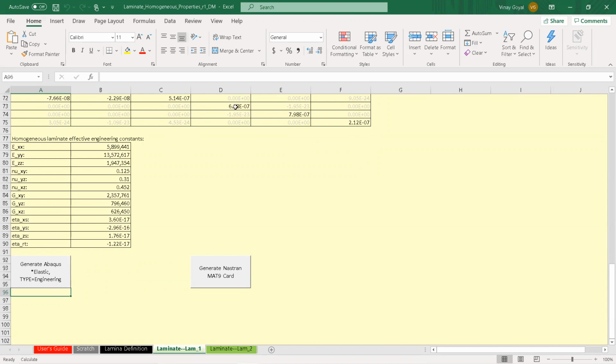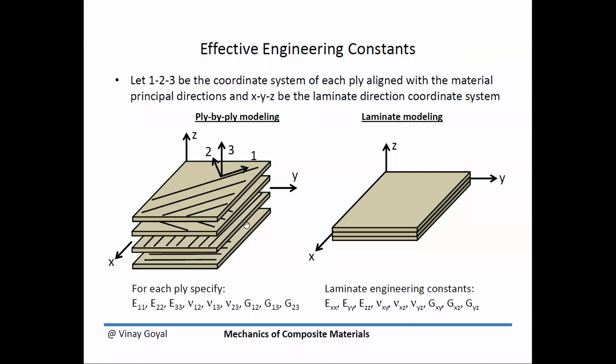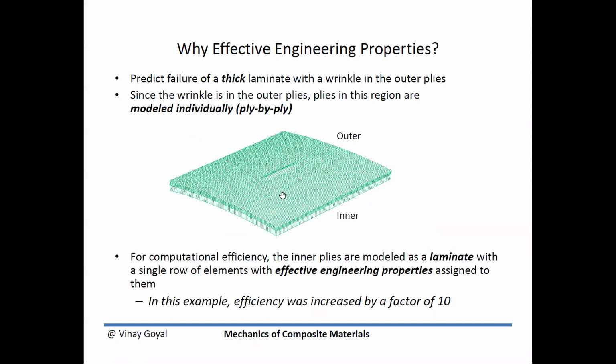So let me explain again why it is so convenient to look at. Say that I have a finite element model that's highly complex and it has many plies, maybe 80 plies. I'm very interested in what's going on at the very top where maybe there's a wrinkle in the composite. Well, I don't want to model every single ply because that'll be computationally expensive. If I have to represent every ply with a mesh line, that'll be a huge model.